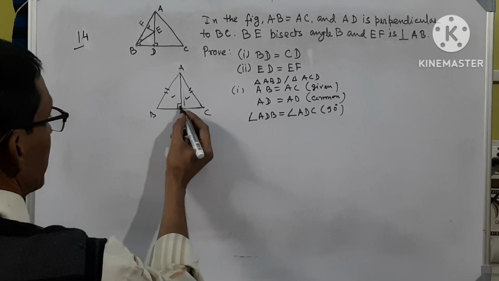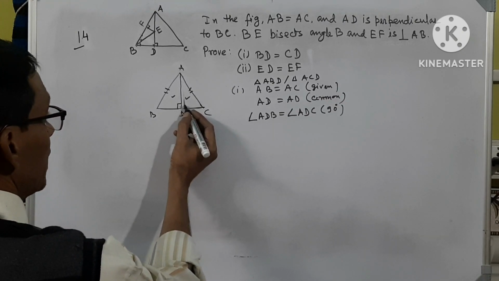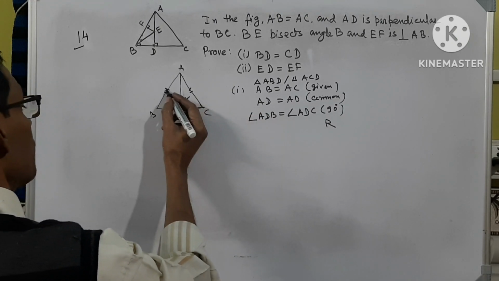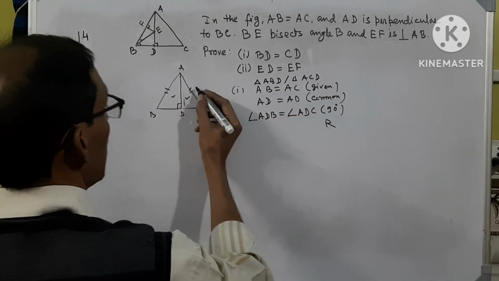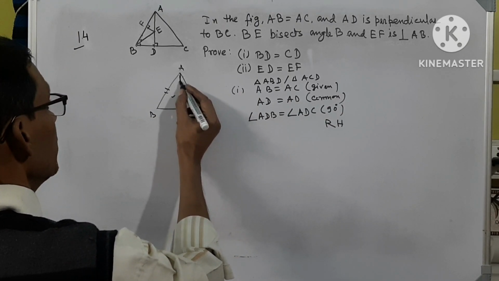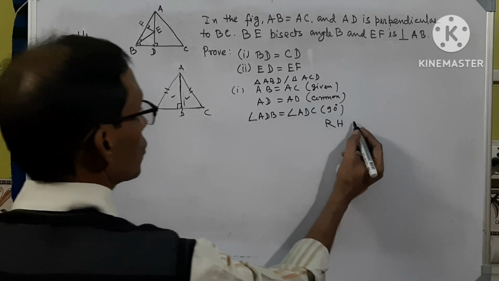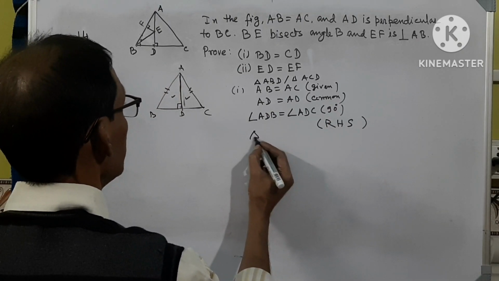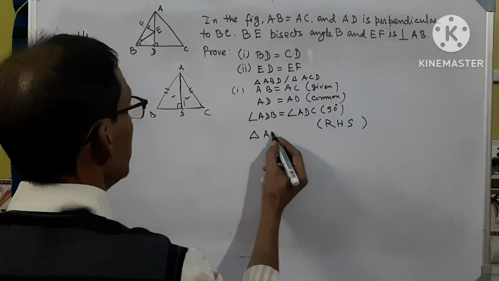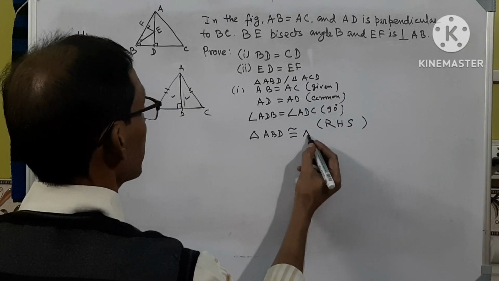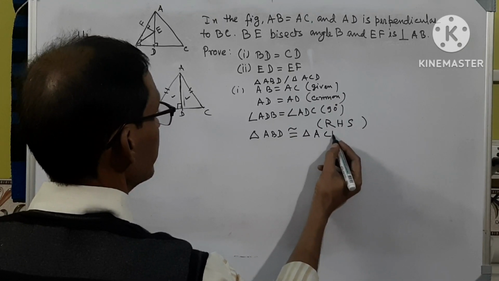So this is a right angle, this is a right angle, R. The side opposite the right angle is the hypotenuse, and the hypotenuses are equal. And one side also, AD equal to AD. So by RHS criterion, I can write triangle ABD congruent to triangle ACD.